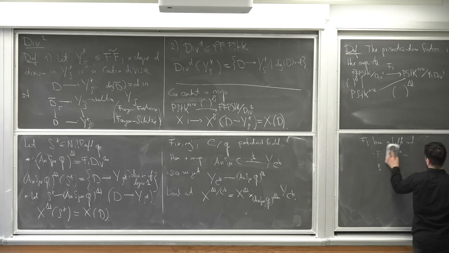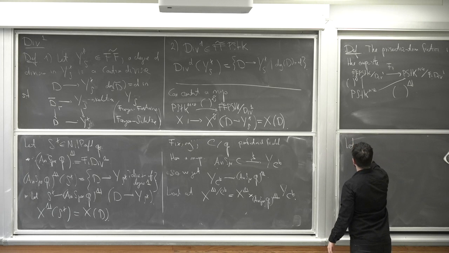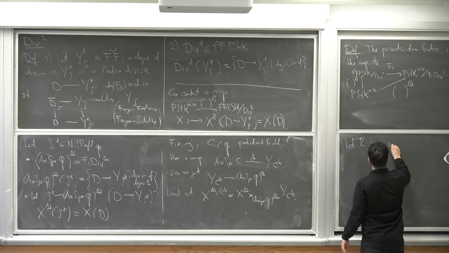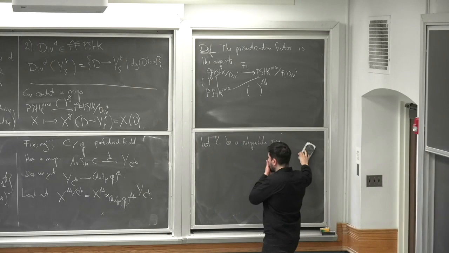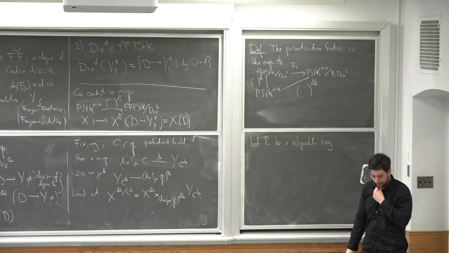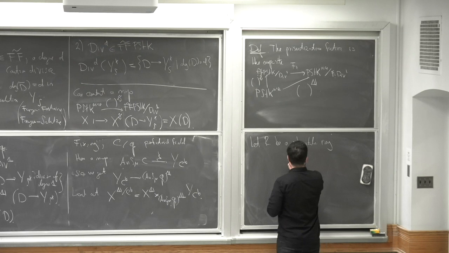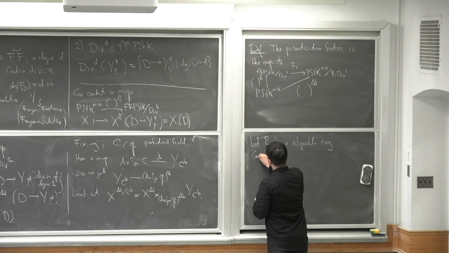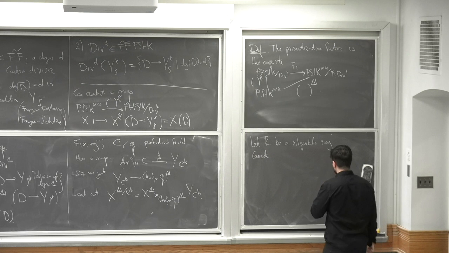let us start with a ring, a perfectoid ring. Something I mentioned is that from this ring, we can consider some funny version of the Witt vectors of this.